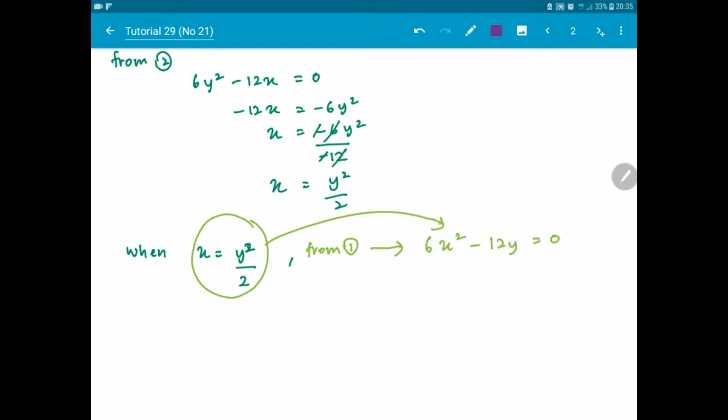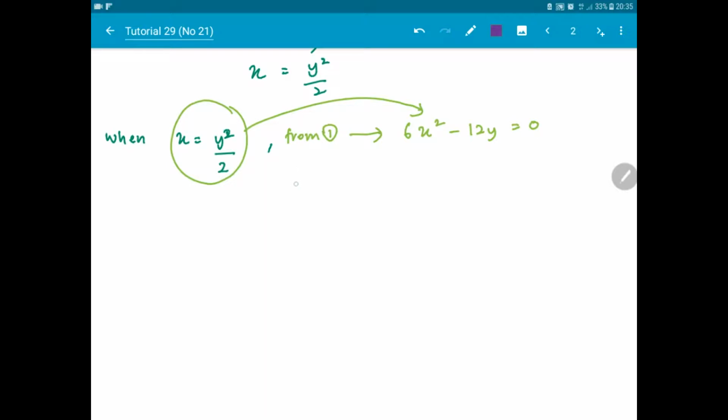So we will get 6 times (y squared over 2) squared minus 12y equals 0. Then we will get 6y to the 4 over 4 minus 12y equals 0.